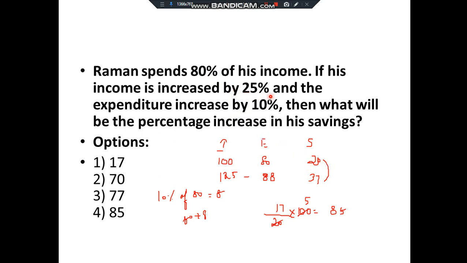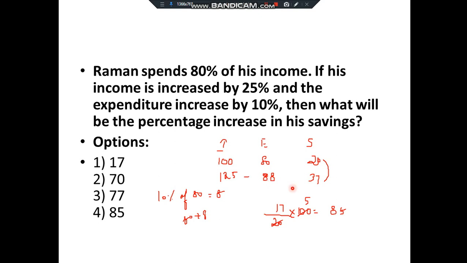Income is increased by 25%. Initially we have considered it as 100. So an increase of 25 means 125. And expenditure increased by 10%. Previously, expenditure was 80 and 10% of 80 is nothing but 8. So the new expenditure would be 88, right?